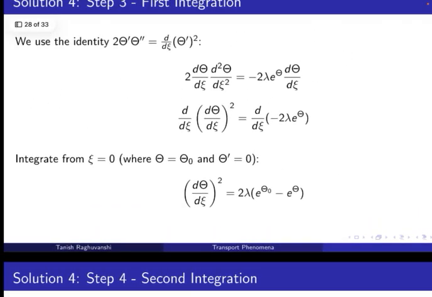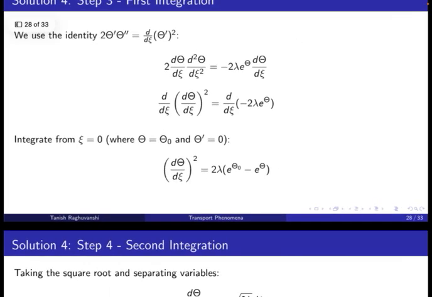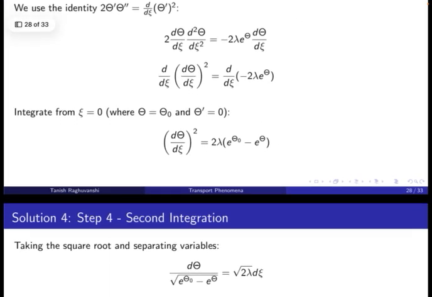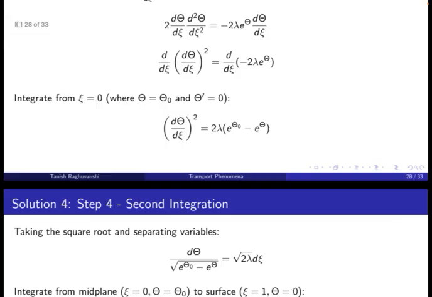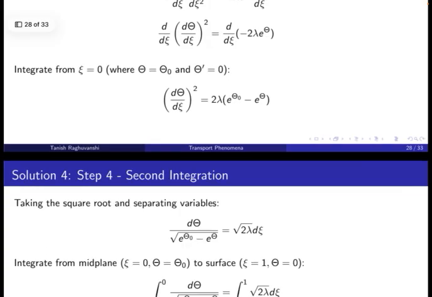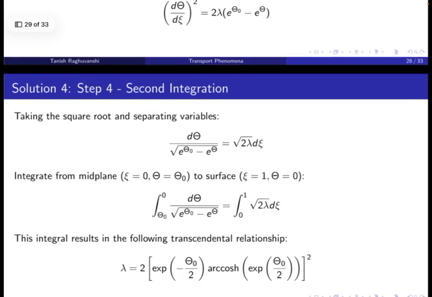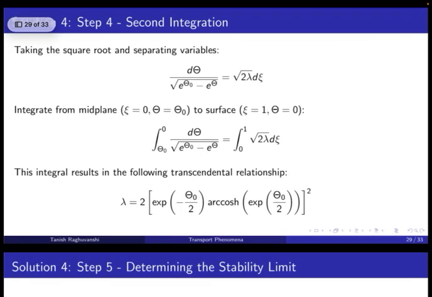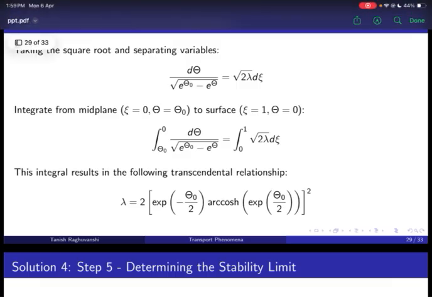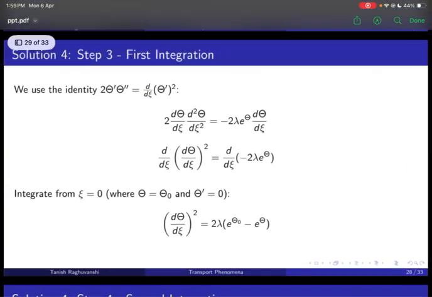So we identify the differential, and then we can resolve that into the bracket as well. So from here on out, we get (d theta by d epsilon) whole squared is equal to 2 lambda times (e to the power theta naught minus e to the power theta). So we can take the square roots and we can integrate this as well to get an expression for lambda, which is important because we have to calculate the lambda at which it explodes as well.